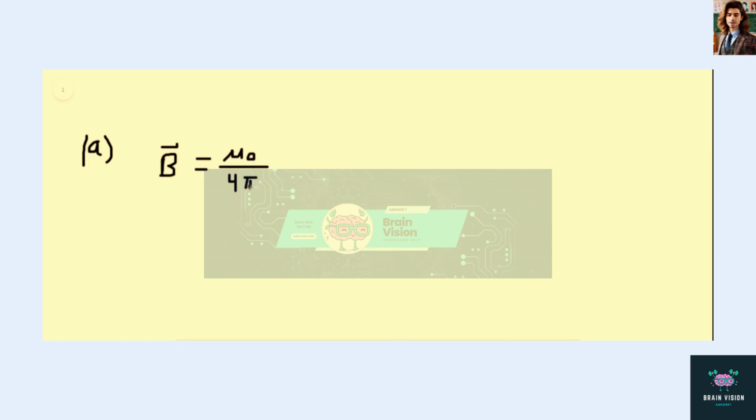From the Biot-Savart law, the magnetic field B at point Q is equal to mu naught over 4 pi times the integral of the current I times dL, that infinitesimal length change, cross vector r, divided by r cubed.